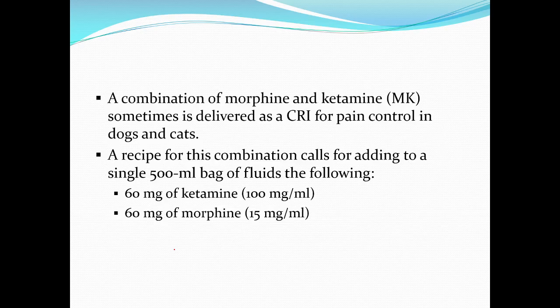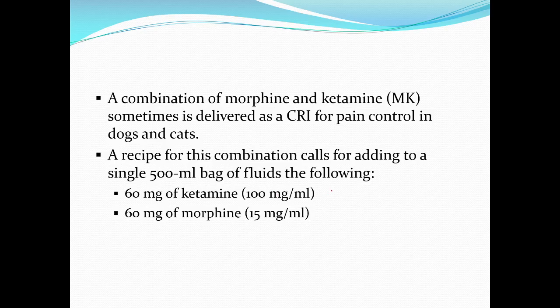There is a CRI that is commonly used of morphine and ketamine, and sometimes we add lidocaine to this as well, MLK, that is used for pain control. This is a recipe that has been figured out: we add 60 mg of ketamine, which is at 100 mg per mil.